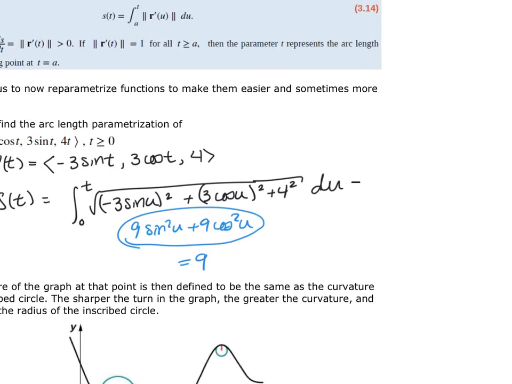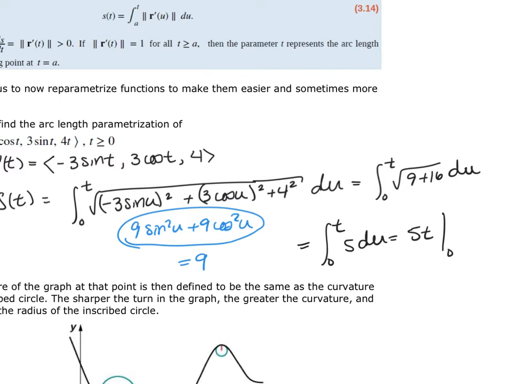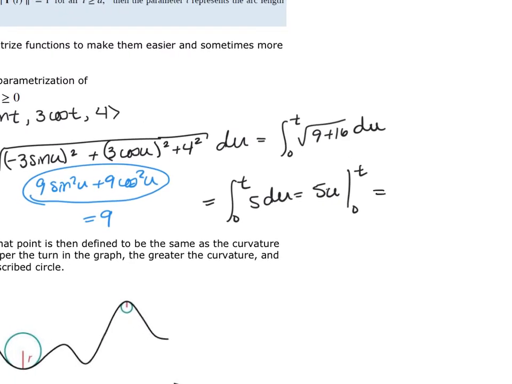So what this really is, is the integral from 0 to t of the square root of 9 plus 16 du, which is just equal to the integral from 0 to t of the square root of 25, which is 5 du, which is 5u from 0 to t, which is just 5t.